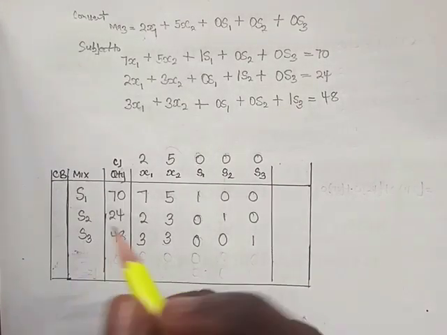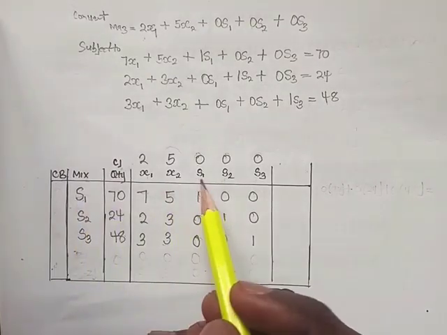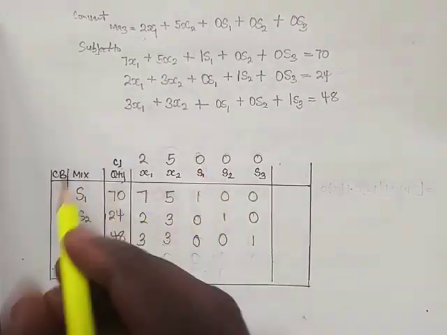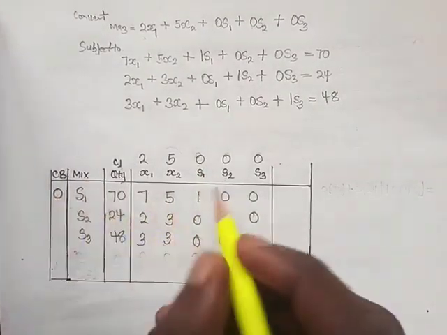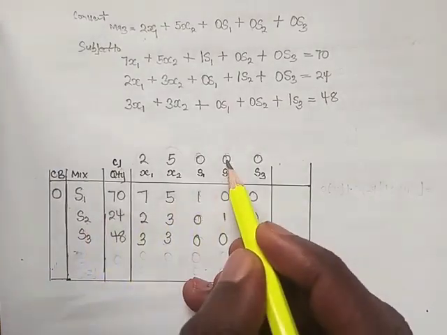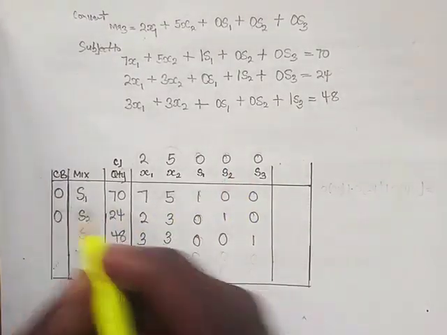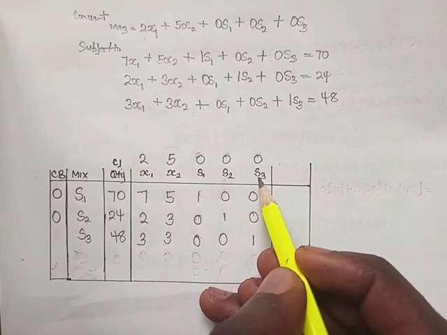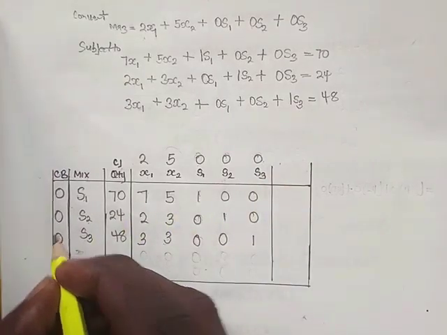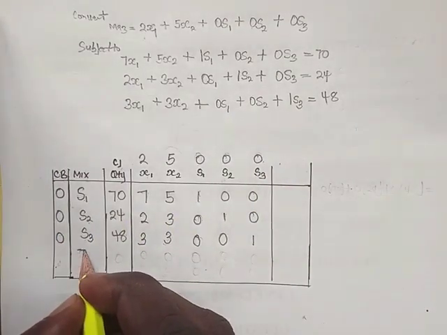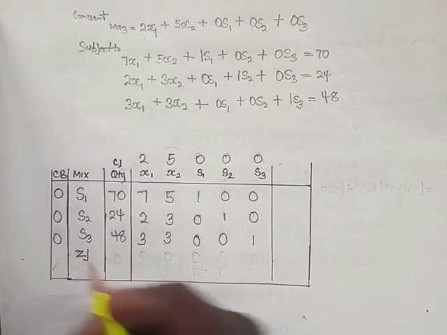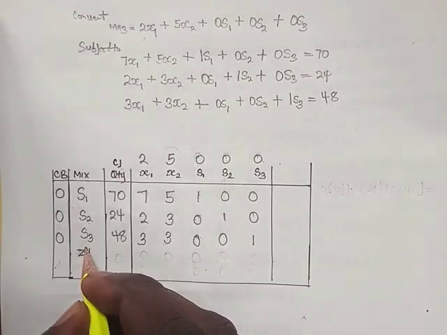Now, before that, let's solve for the coefficients of the basic variables. For S1 it is 0, for S2 it is 0, and for S3 it is 0. Now, the next thing for us to find is our Zj.